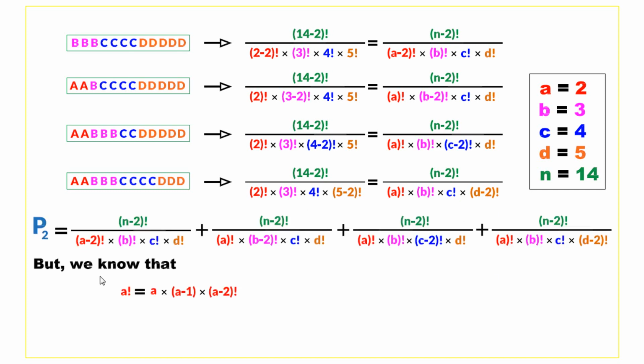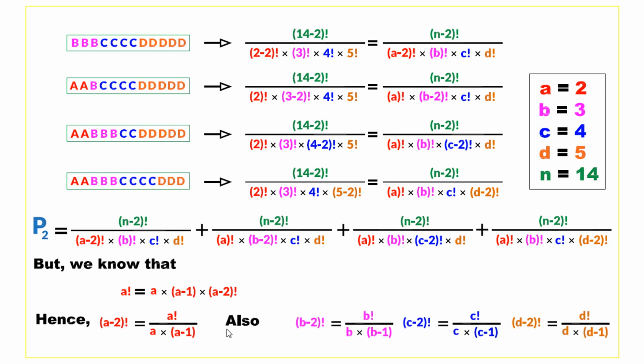And we remember that a factorial is equal to a times a minus 1 times a minus 2 factorial. So that means a minus 2 factorial is equal to a factorial divided by a times a minus 1. And the same thing is applicable for b minus 2 factorial, c minus 2 factorial, and d minus 2 factorial.